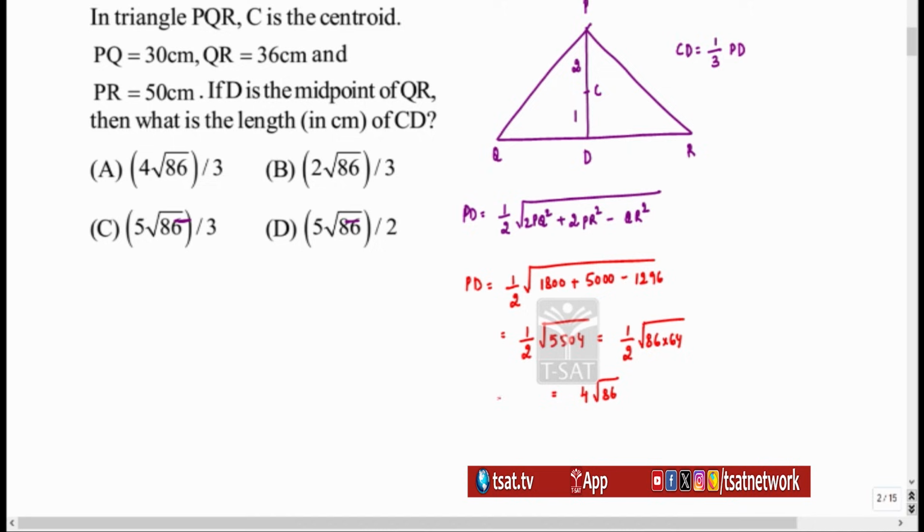This is not CD, this is PD. But we need to find out CD. CD is 1/3 of PD, which is equal to 4 by 3 into root 86. So the answer is 4 by 3 root 86.